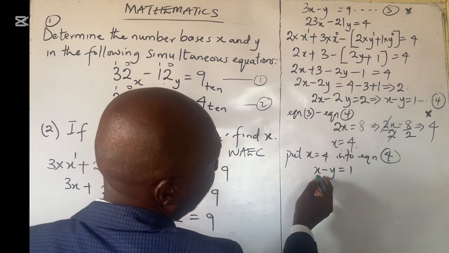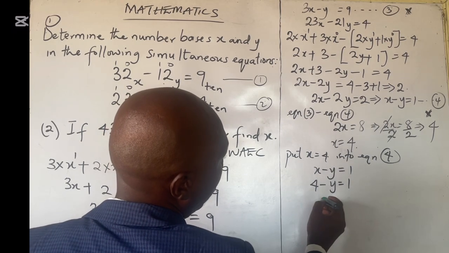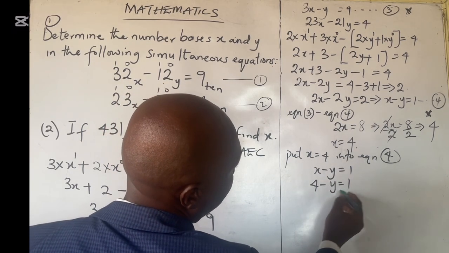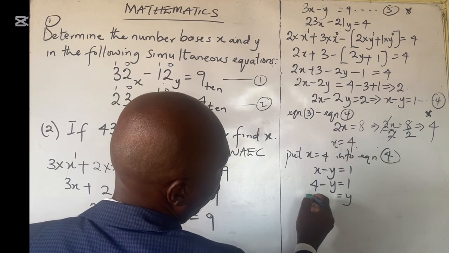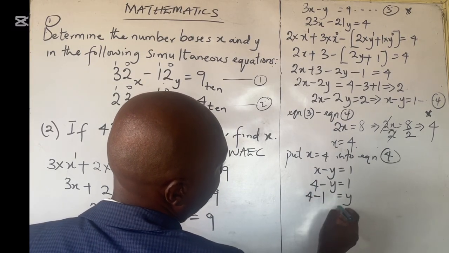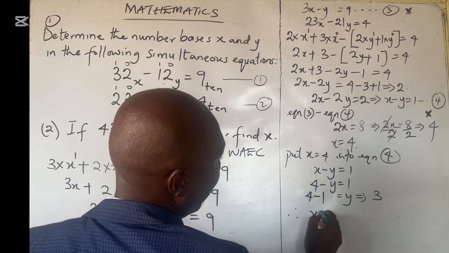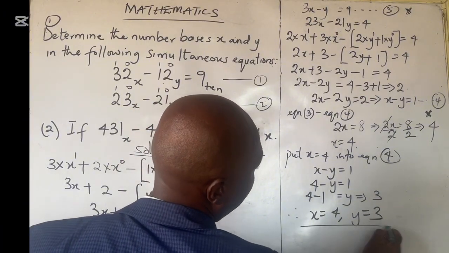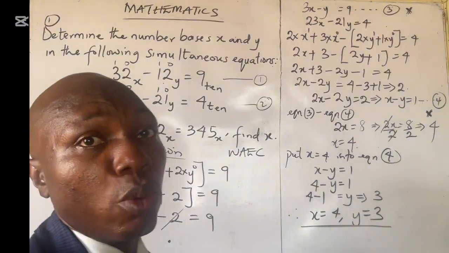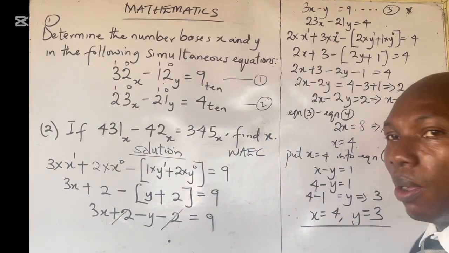So our x is 4, our y is unknown, equals 1. If we bring our y here, it will be plus. If we bring our 1 here, it will be 4 minus 1, and that will give you 3. So therefore, x equals 4 and y equals 3. So the number bases used in the question that we have solved are x is 4 and y is 3.